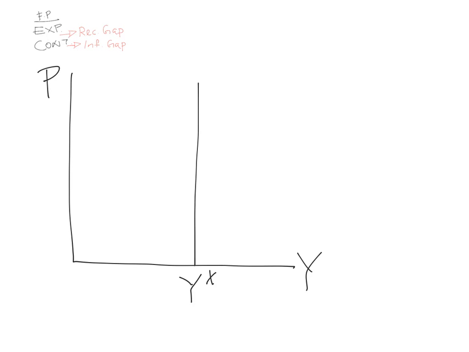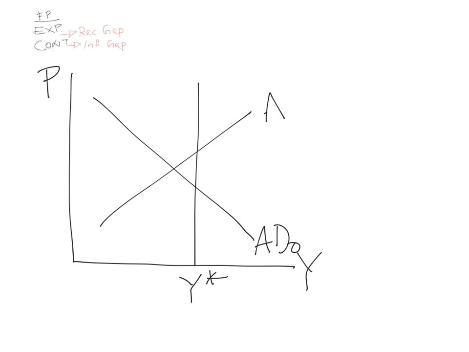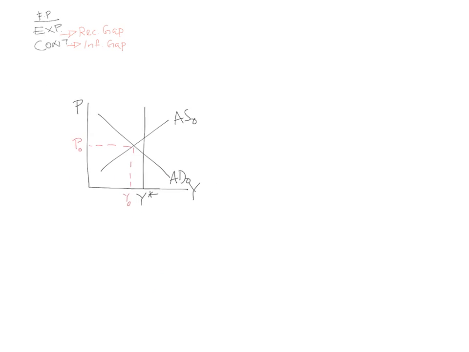Here you have your Y star, your AD0, AS0. The economy is not doing well. You have Y0 and P0. So this is where you are at the moment.